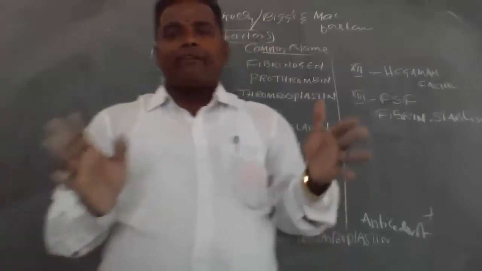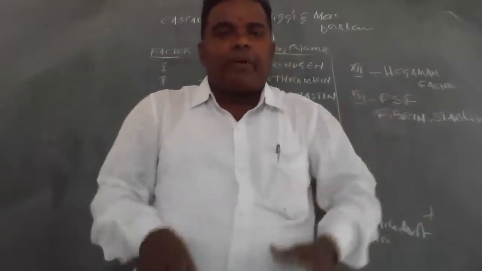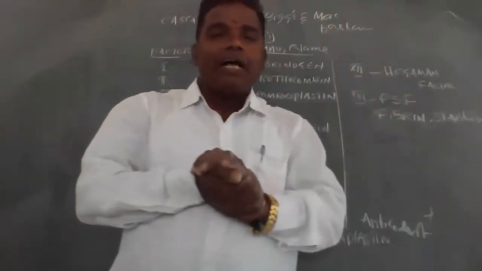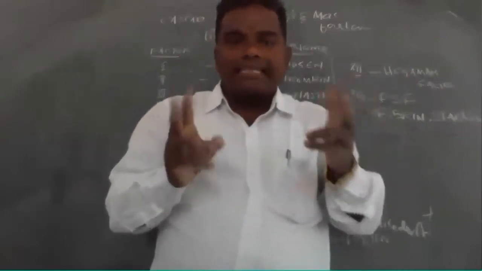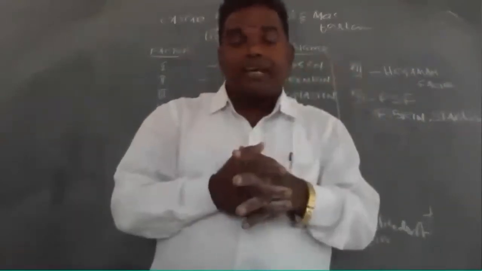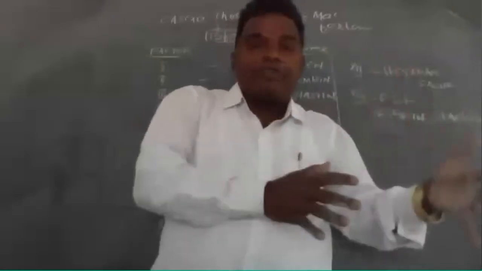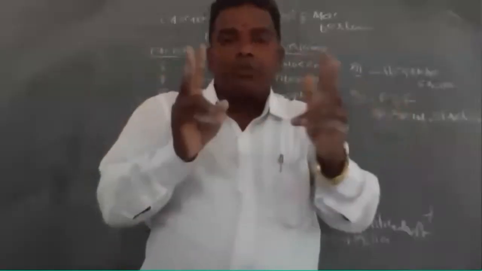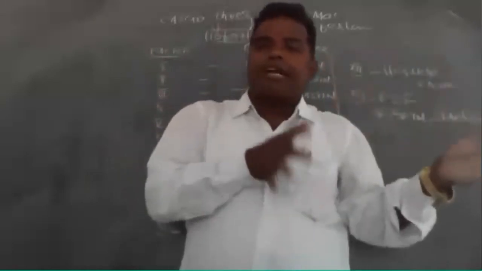Remember one thing, these 13 factors are very, very important. If 13 factors are known, the mechanism is very easy. In the cascade mechanism, mainly two pathways are there: the intrinsic pathway and the extrinsic pathway. According to the Biggs and Macfarlane theory, two mechanisms are there, intrinsic pathway and extrinsic pathway.